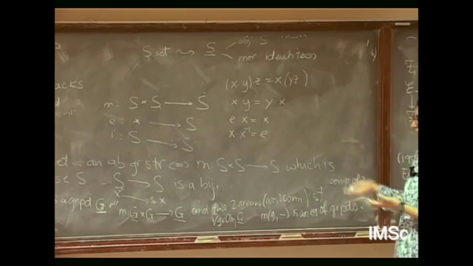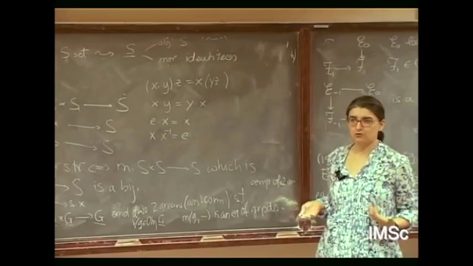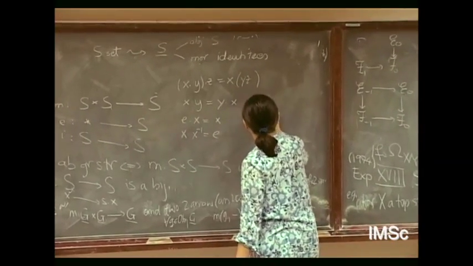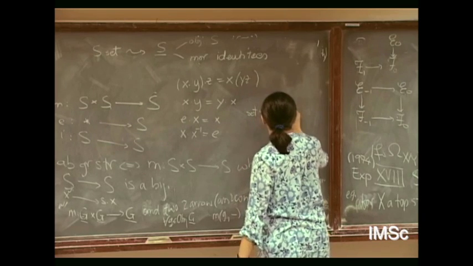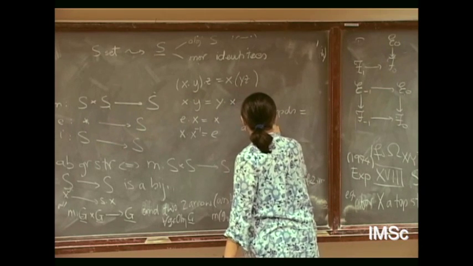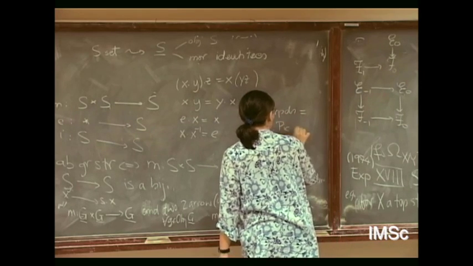So this is the generalization to groupoids of abelian groups. So you have that sets is to groupoids as abelian groups is to Picard groupoids.